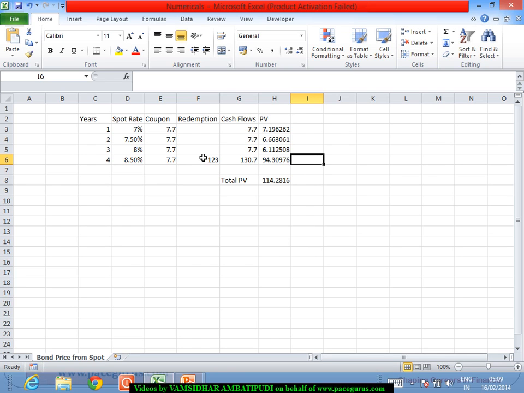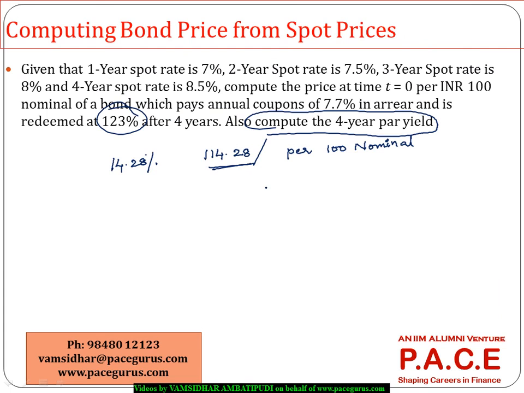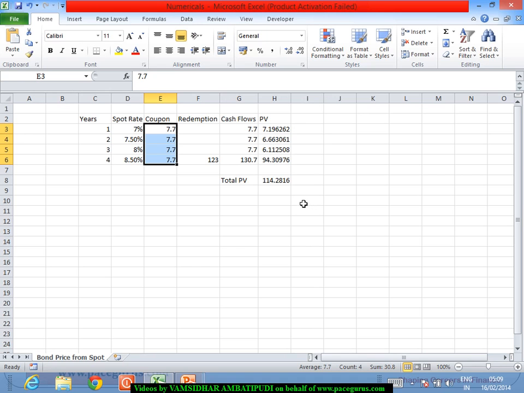You are not receiving the coupons of 7.7. So what is that particular element where the coupon value is the same as the yield? The coupon value being the same as the yield.